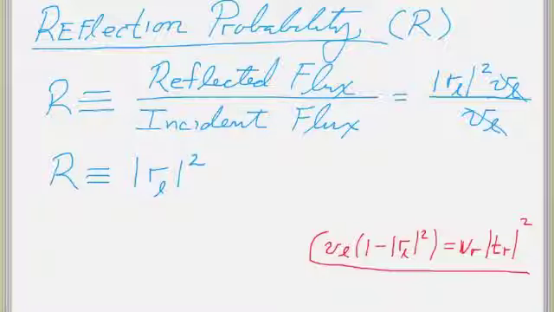So if we divide through by V sub L on both sides and move the RL squared to the right-hand side, we get that 1 is equal to R sub L squared plus TR squared times VR over VL.